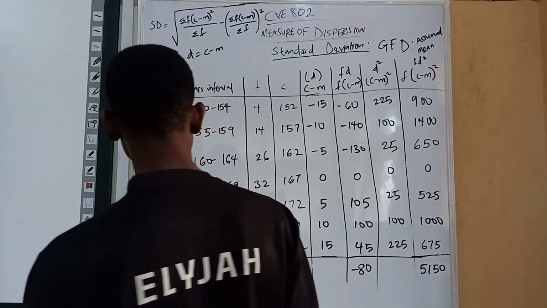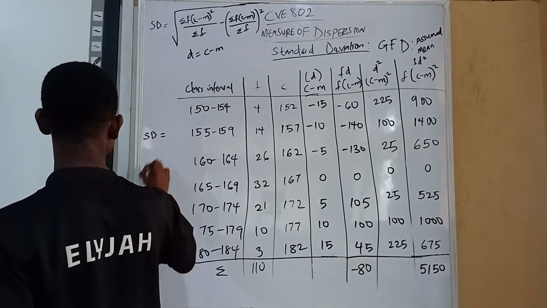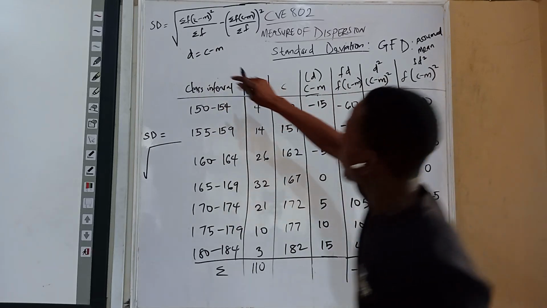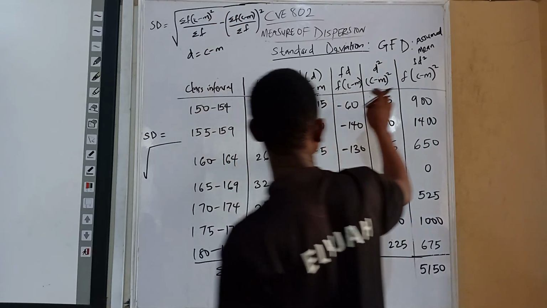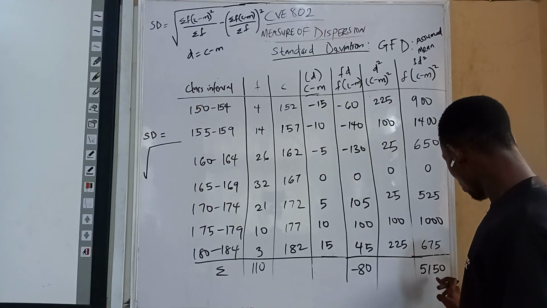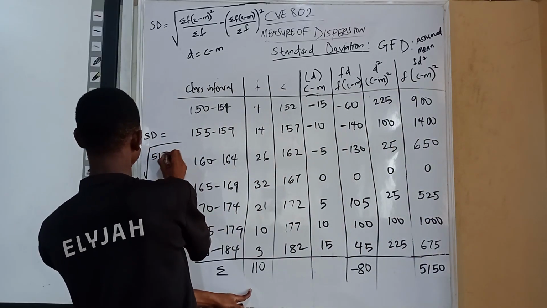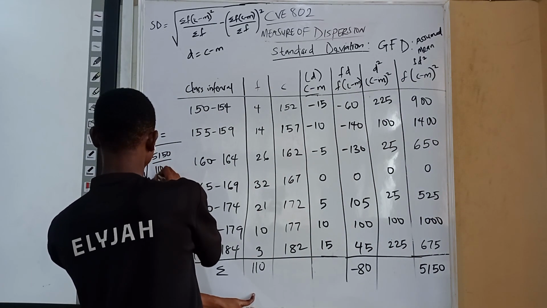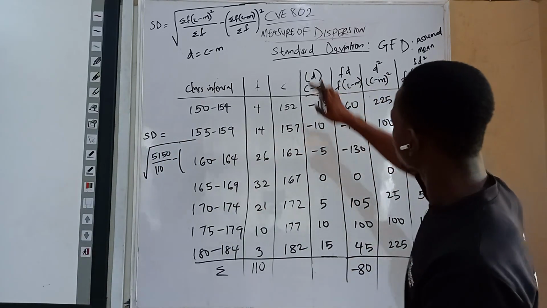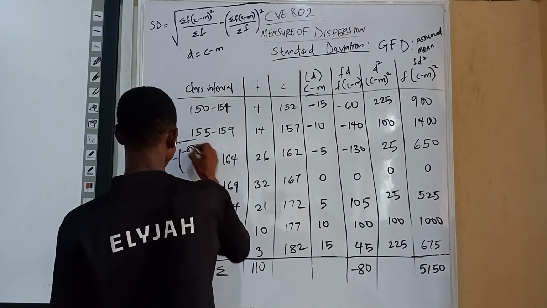The remaining thing we need to do now is to go back to our original formula. That means our standard deviation will be equal to the square root of summation f into c minus m squared over summation f, which is 5150 over 110, minus, we don't make the same mistake again, minus 80 divided by 110 squared.